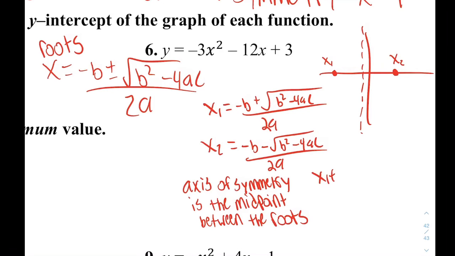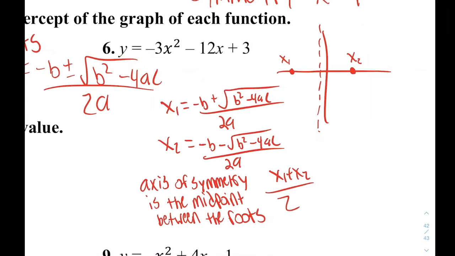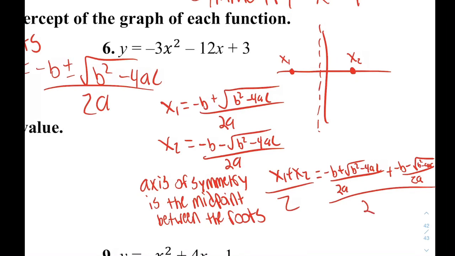So if I add these two x's, x1 plus x2 divided by 2, if I were to add them, that'd be negative b plus square root b squared minus 4ac divided by 2a, and then I would add to that negative b minus square root, if this one is plus, the other one needs to be minus, b squared minus 4ac divided by 2a, and then I would divide all of that by 2.